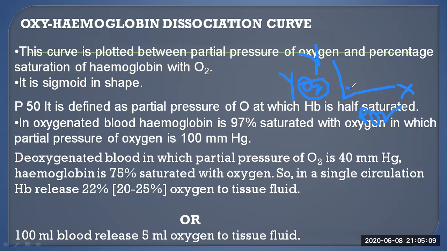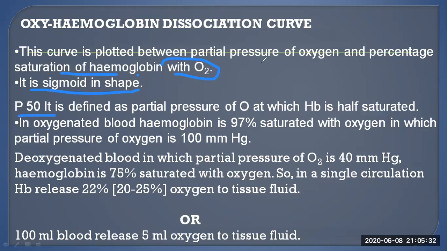A sigmoid shape curve is generally obtained when oxygen binds with hemoglobin, as I had already discussed.